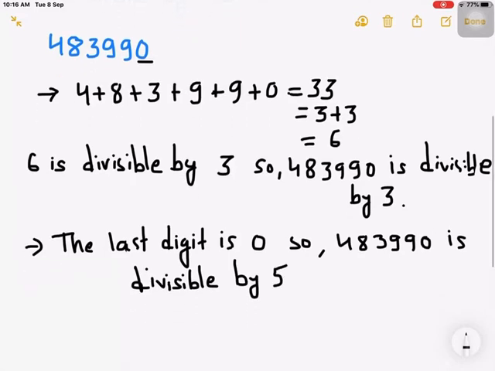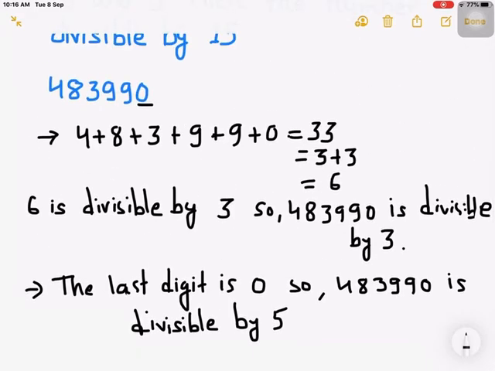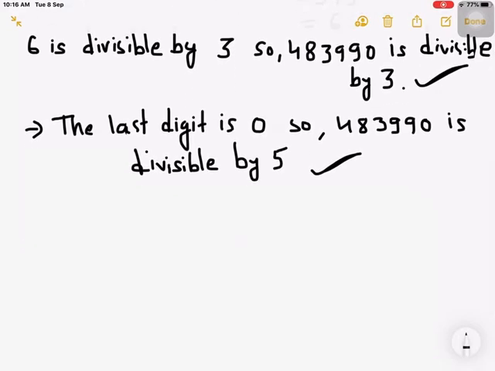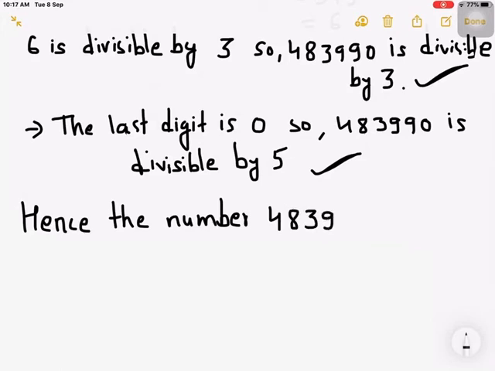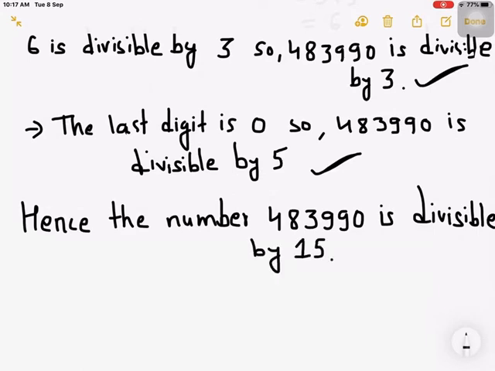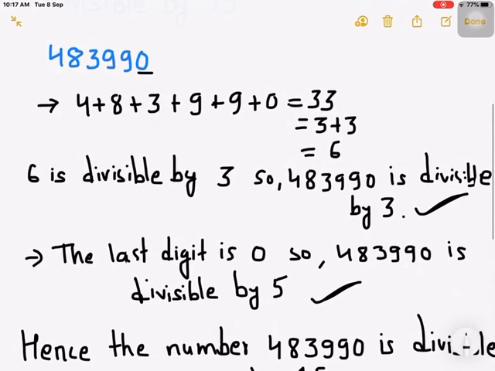Yes. So now it meets the condition for 3, it meets the condition for 5. Hence the number 48390 is divisible by 15. We can say this because it meets the divisibility rules for 3 and 5.